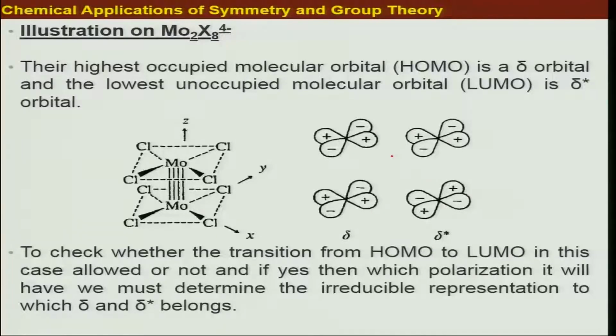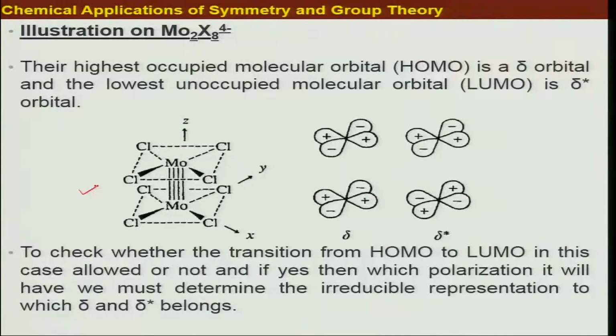So, for this particular molecule whose structure is shown here, the highest occupied molecular orbital, or HOMO, is a delta type orbital, and the lowest unoccupied molecular orbital, or LUMO, is a delta star type orbital.